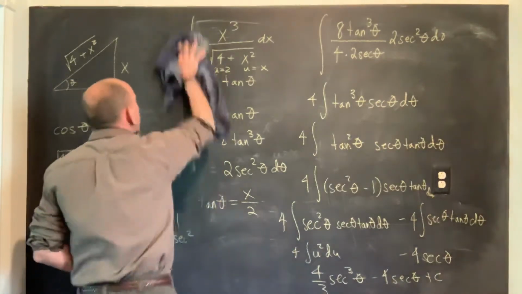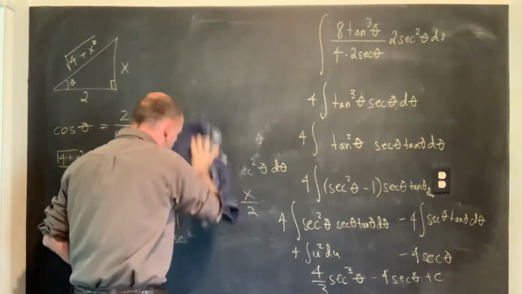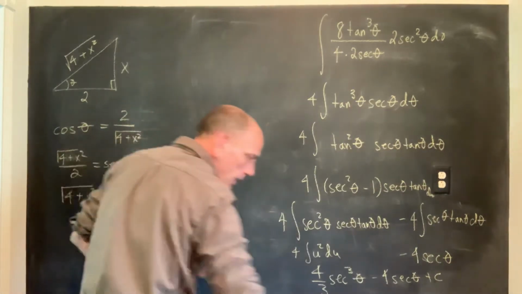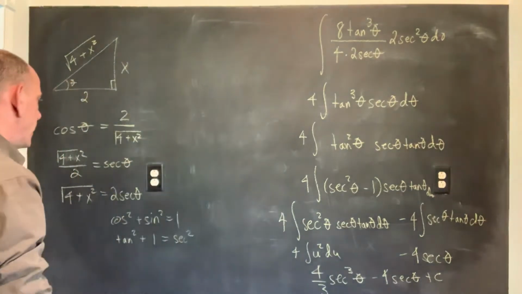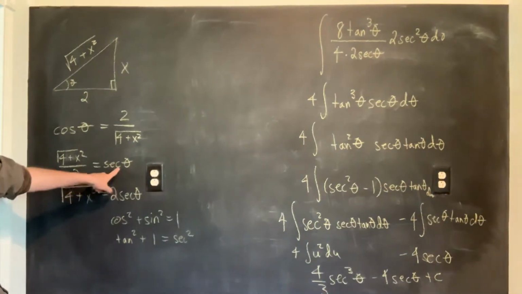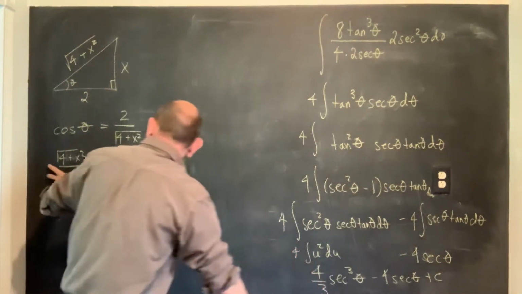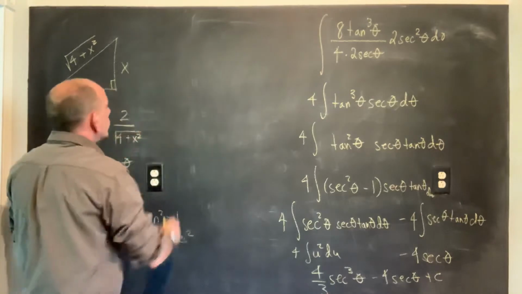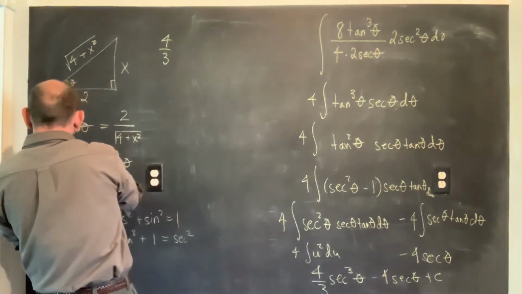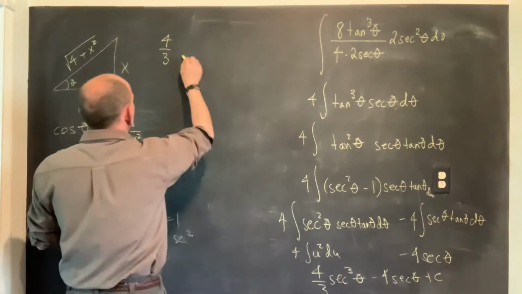We've got to come back to our reference triangle because the original was in terms of x, so we want to make sure that our answer is back in terms of x, not in terms of theta. And I just erased my sub. No, did we already have the secant of theta? We do have, we've already solved for the secant of theta. So we already have it right here, we just need to back sub it in. So 4/3, it's secant cubed, so this would be over 8.